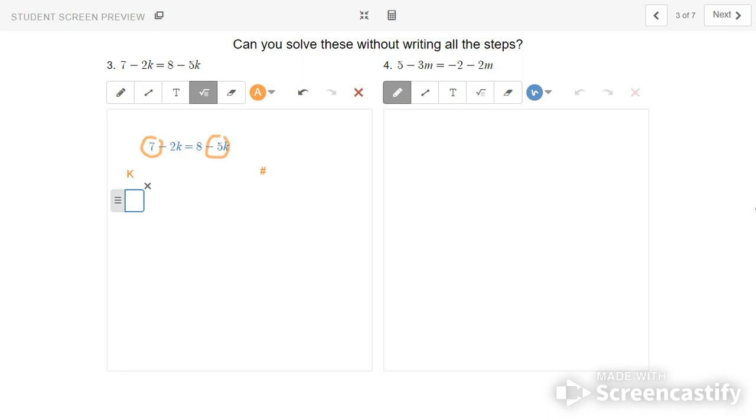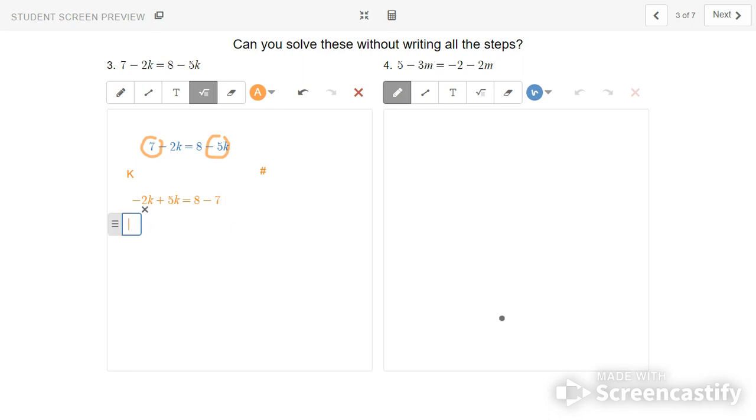So our new equation, we would have negative 2k plus 5k. This equals 8 minus 7. So notice at the beginning, I just rewrite what was left from the original equation. After rewriting, then I introduce the opposite operation. So in this case, I added 5k, and on this side, I subtracted 7.